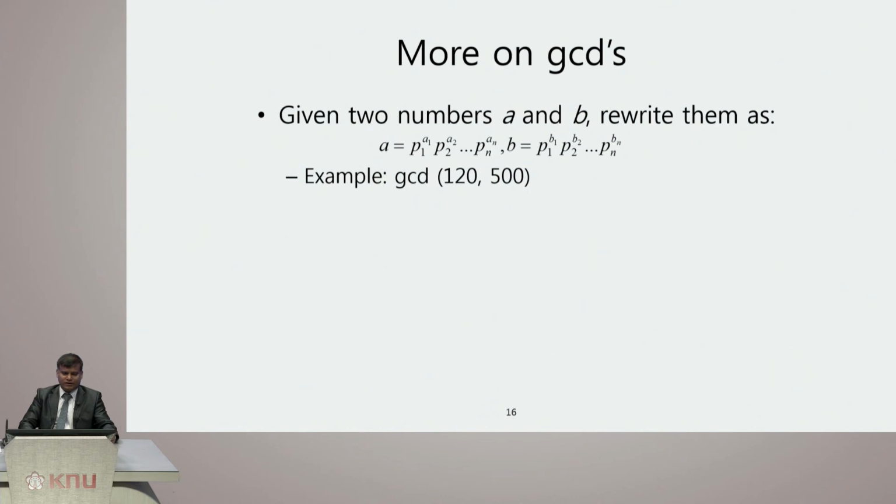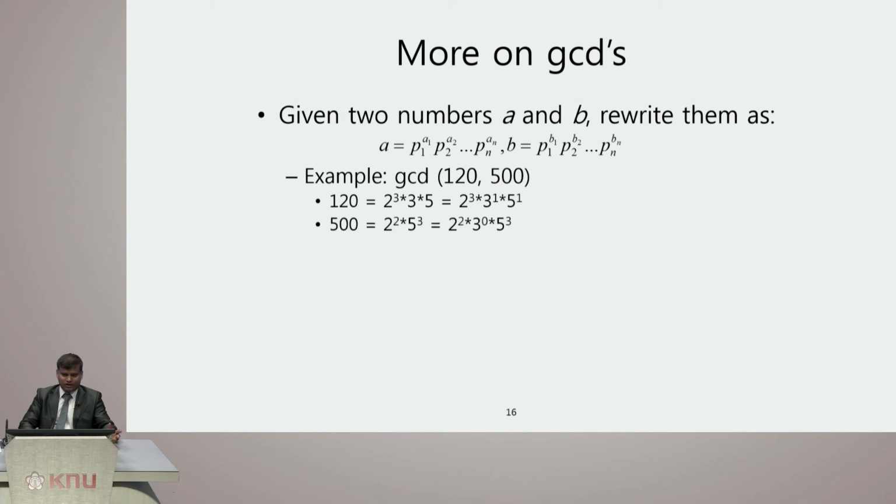Example: GCD of 120 comma 500. We can express 120 as 2 power 3 times 3 power 1 times 5 power 1.